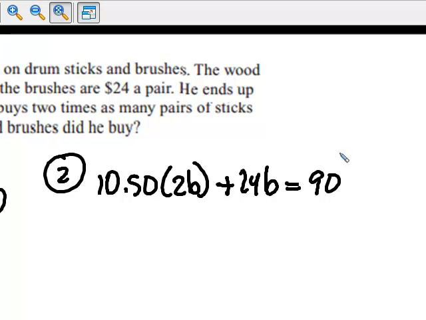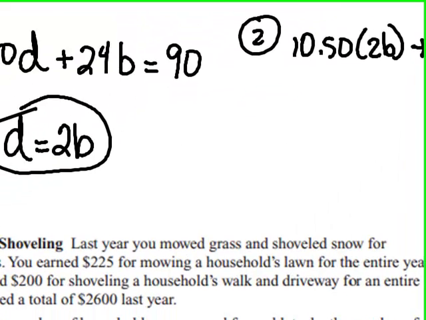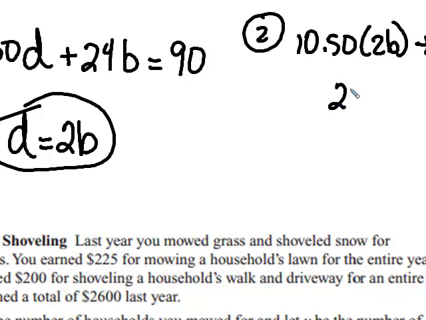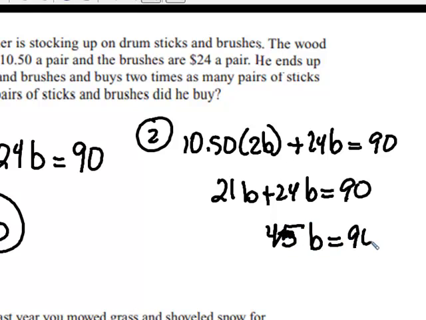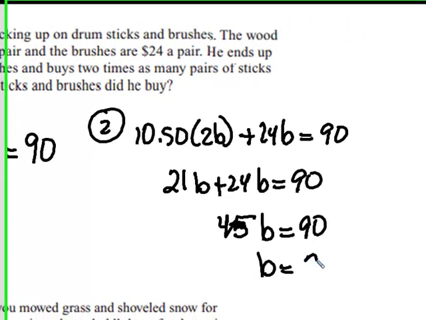So 10.50 times 2 is the 21. B plus 24B equals 90. When I add those up, it gives me 45. B equals 90. Divide by 45 and he buys 2 pair of brushes.